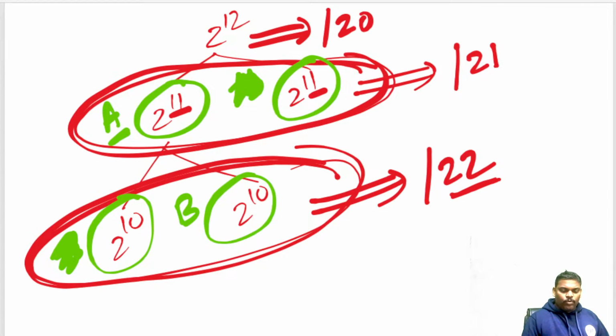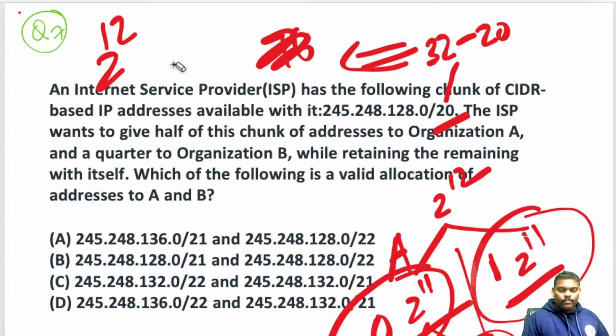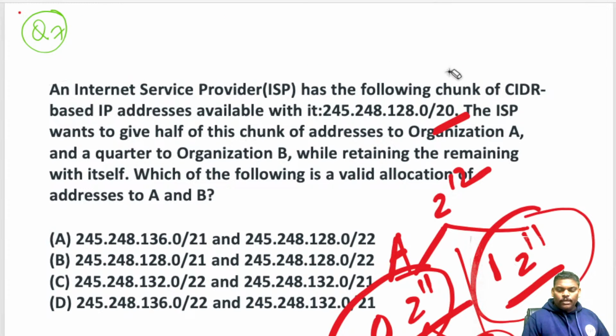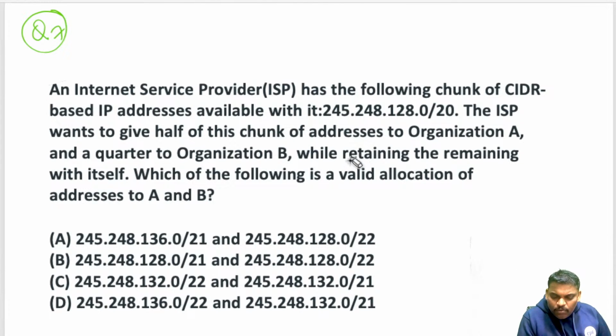Can you see the problem one time? A and B have many combinations, but the mask is clear. So what is it asking? While retaining the remaining with itself, which of the following is a valid allocation of addresses to A and B?